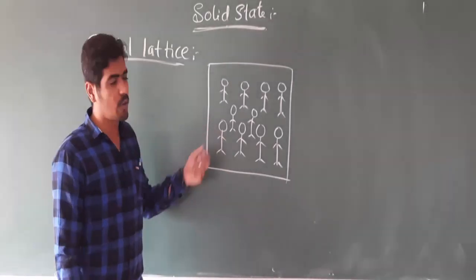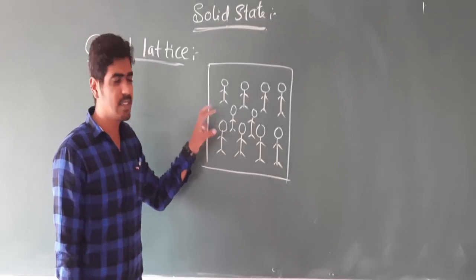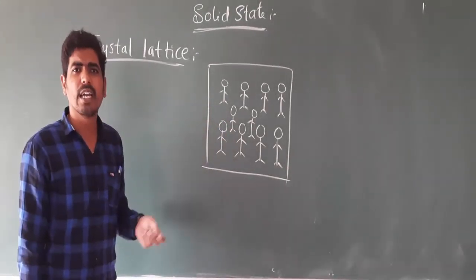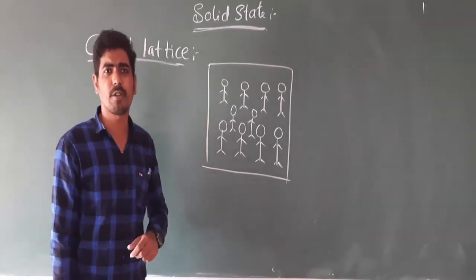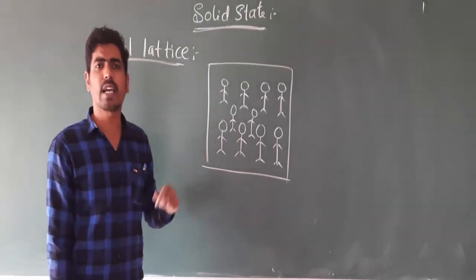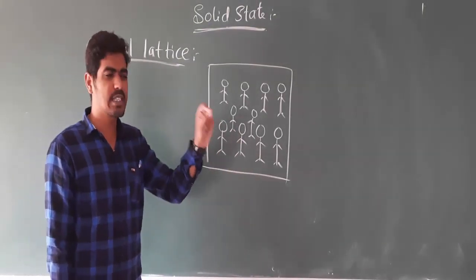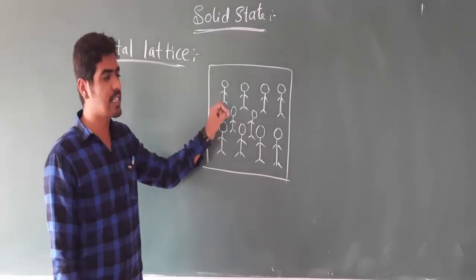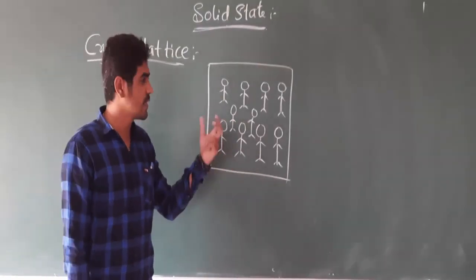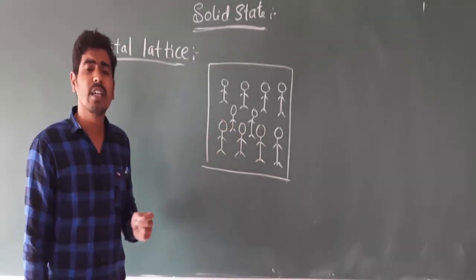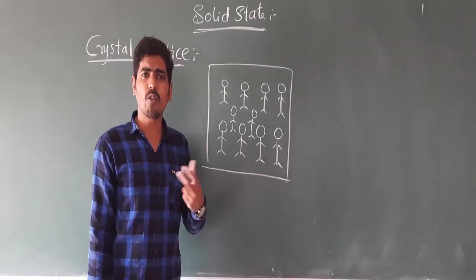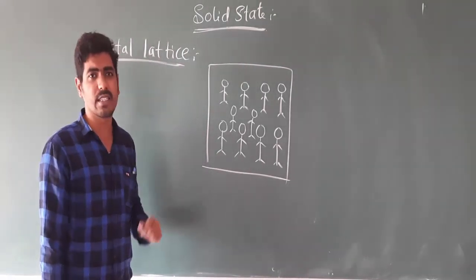So what do I have to do now? I have to represent this on a paper or in a book or on a board in a very easy and simple manner, so that by observing that, we can also say there is a presence of 10 students in that class by simply observing that diagram, and also it should be a very simple representation. So how can we represent those things?